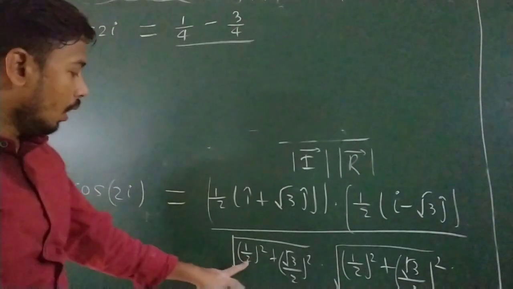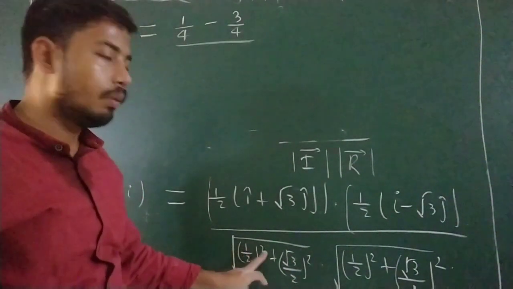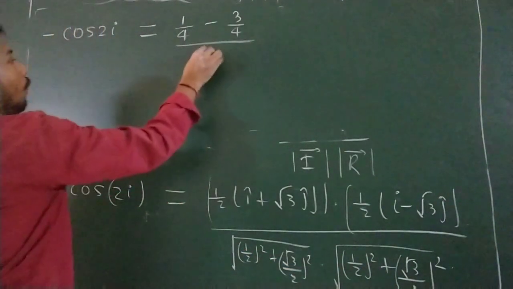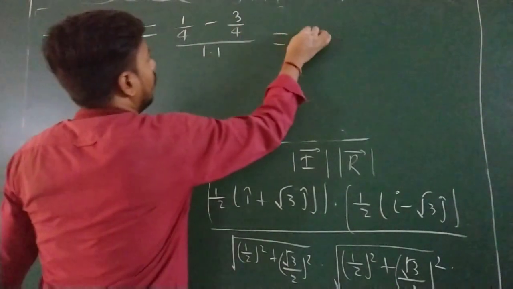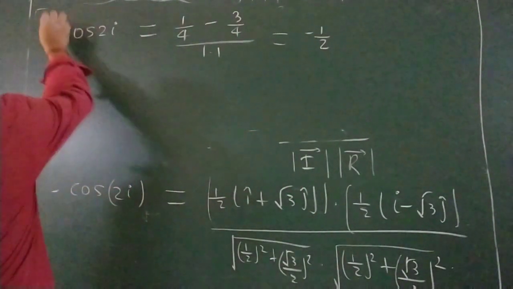Under the root, 1 by 4 plus 3 by 4 is 4 by 4, which is 1, a unit vector. This is also a unit vector, so this becomes 1 into 1. Now solve this one. This is coming minus 1 by 2, I think. Yes or no? This is coming minus 1 by 2.